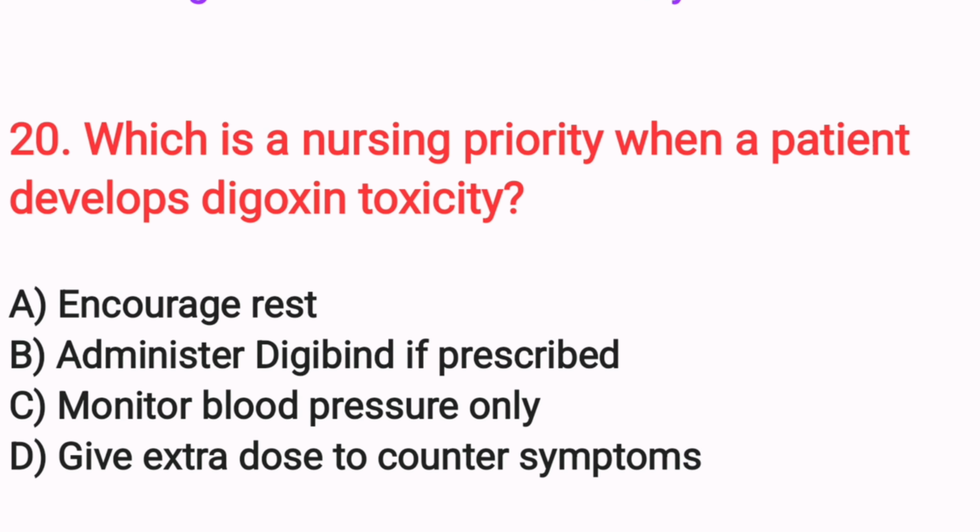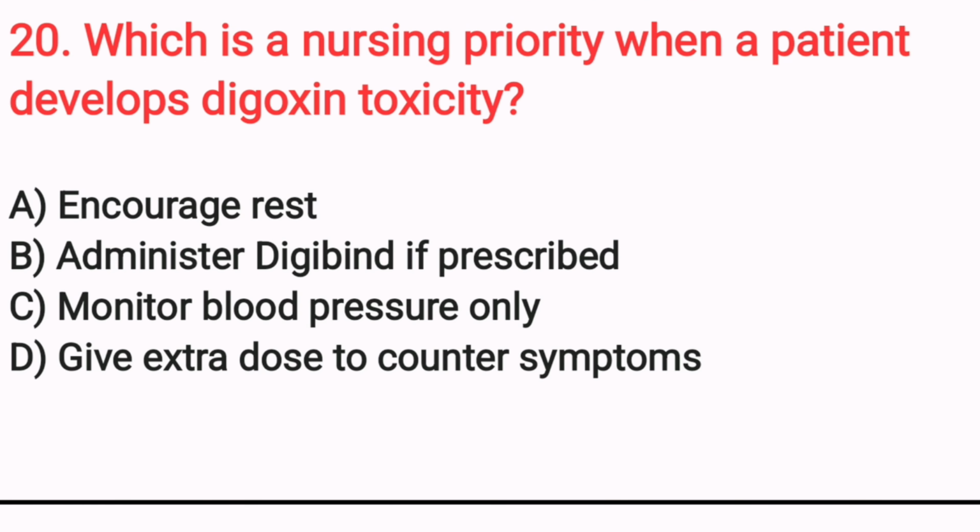Next, which is the nursing priority when a patient develops digoxin toxicity? Option A, encourage rest. Option B, administer digibind if prescribed. Option C, monitor blood pressure only. Option D, give extra dose to counter symptoms.